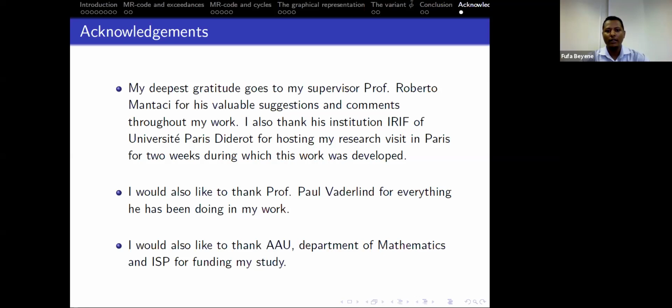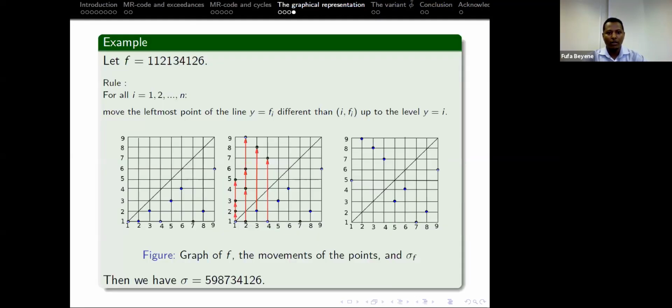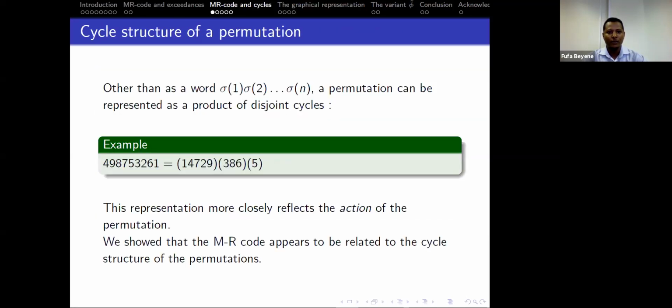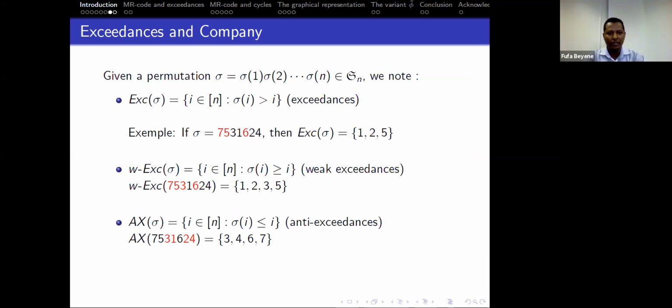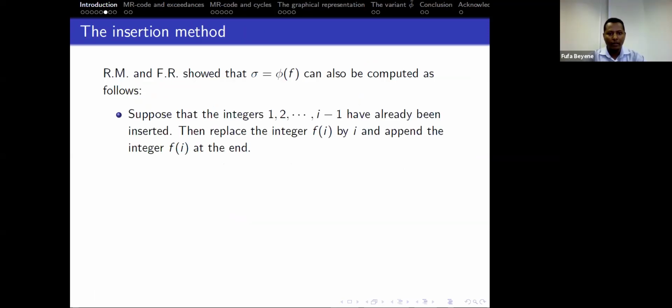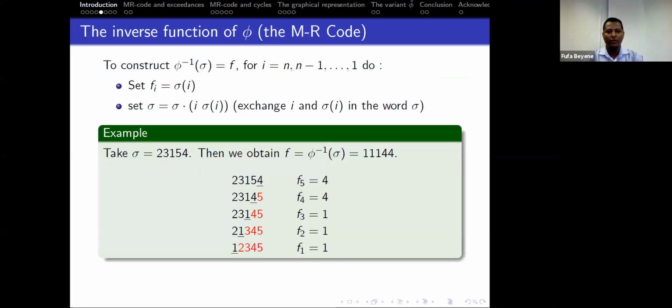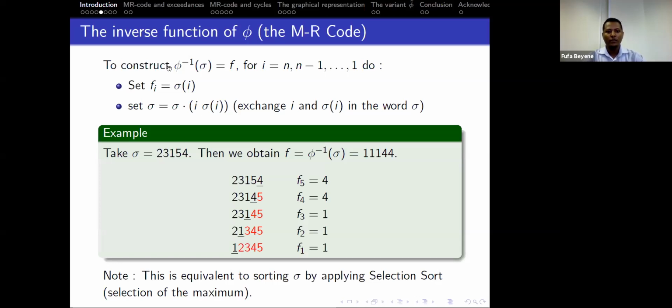Okay, there is already the algorithm for this in the introduction part of the talk, in the insertion method. Here, in finding the inverse of the map phi, phi is originally defined from F to sigma.